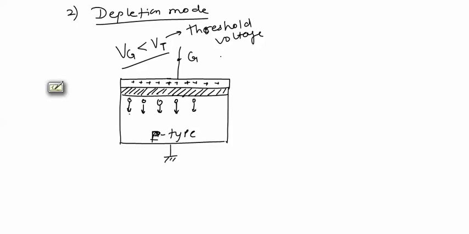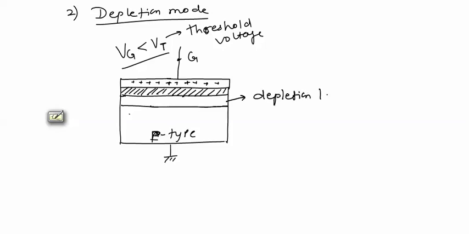If these holes are repelled away, then such a region will form here where there will be no charge carrier, there will be only ions. So a depletion layer will form, and this mode of operation is called depletion mode.